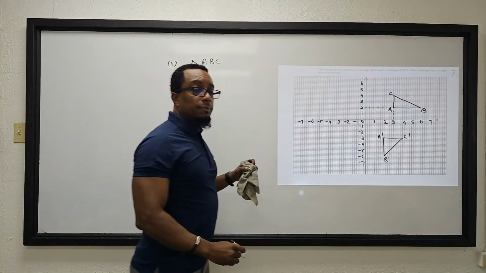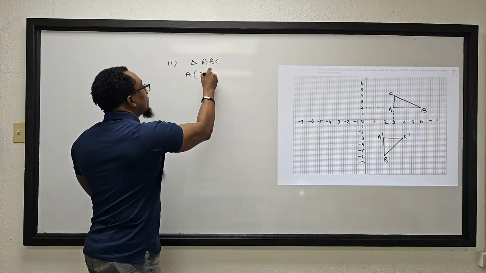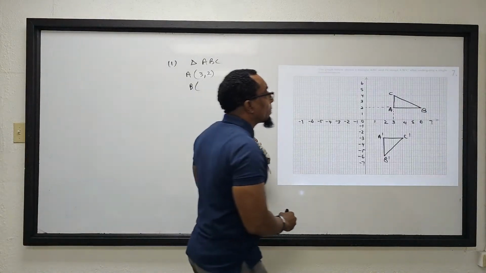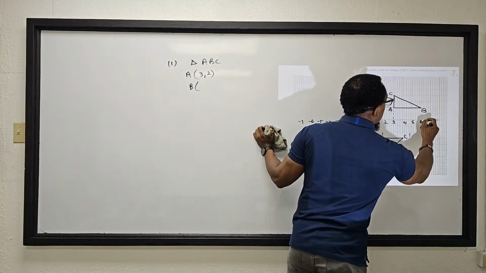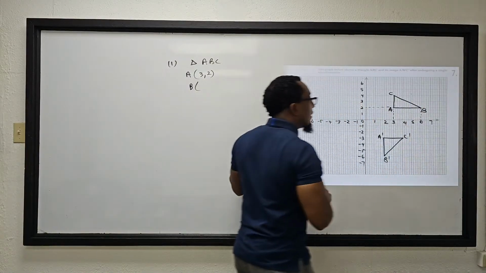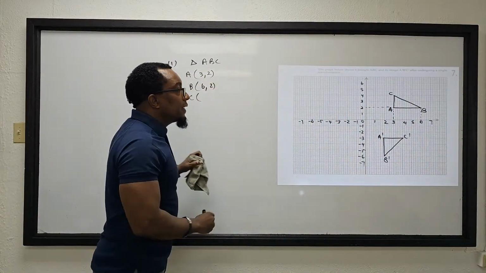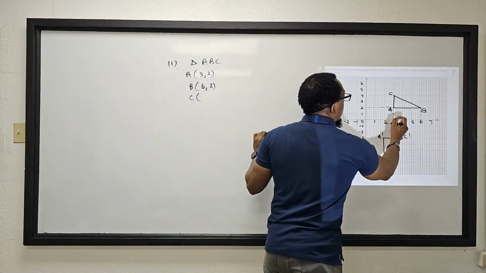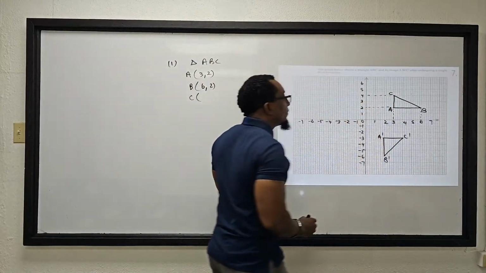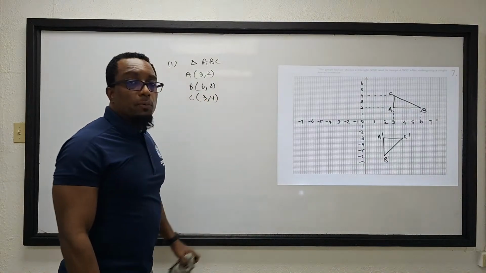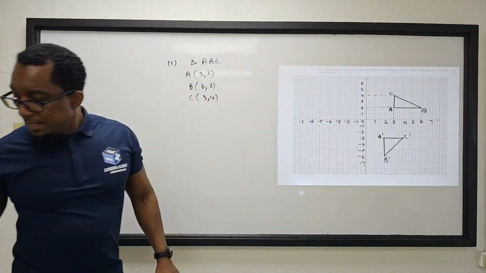Start with x first, so (3, 2). B is 6 on the x, 2 on the y, so that's (6, 2). And C is 3 on the x, 4 on the y, so (3, 4). So we have the coordinates of triangle ABC.